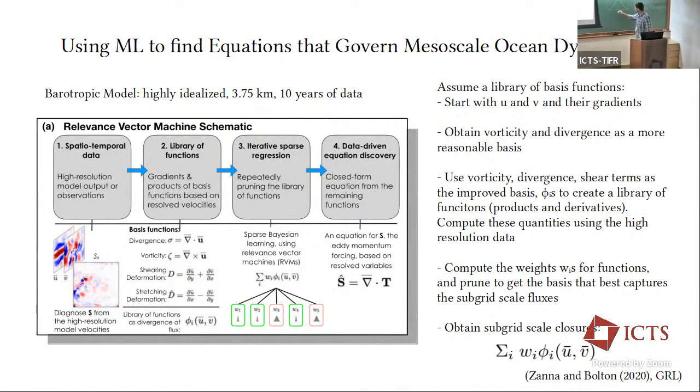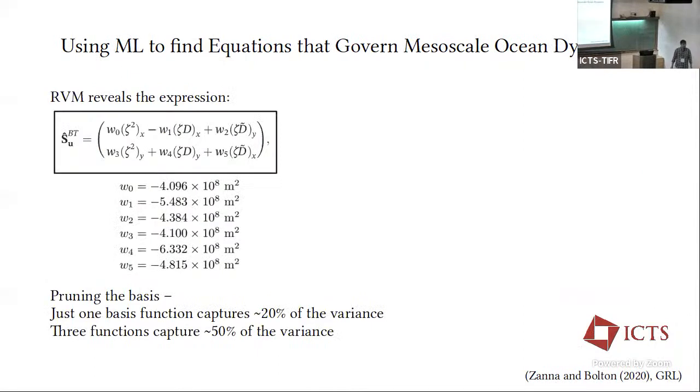If for some variable the distribution looks like this, then the uncertainty is low because the variance is less, so you will prefer this over that. You have to do some analysis as to how much variance you want to capture. Once you throw out most of the terms, you naturally get this form. Again, this only captures 50% of the variance. You can get more variance by having more terms, but then you have to interpret them.